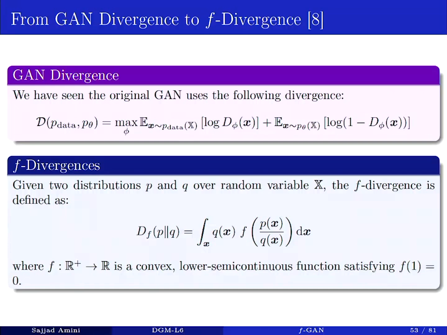Another property is that f of 1 equals 0. What does it impose? What do you think? It imposes that when the distributions assign a similar value to an x, it means that the argument here is 1, you have 0.